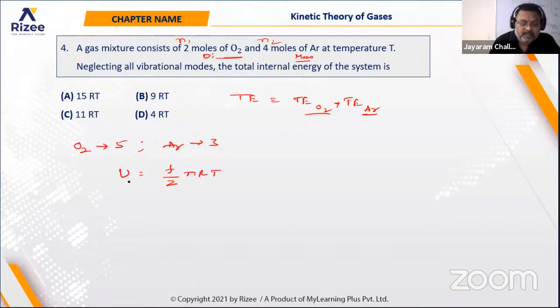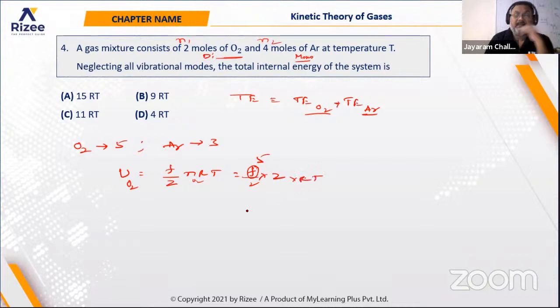For oxygen, O2, it is f by 2 into number of moles. The number of moles of the oxygen is going to be 2, and the degrees of freedom for the oxygen will be 5, into 2 into RT.